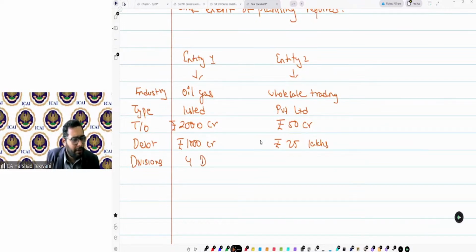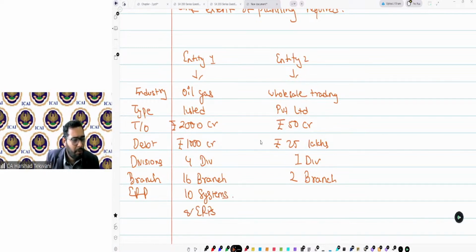There are 4 divisions in one company, and only one single division in the other. Branches: let's say there are 16 branches across the world, and only 2 branches. ERP: there are 10 different systems and ERPs, and only 2 ERPs or tools.